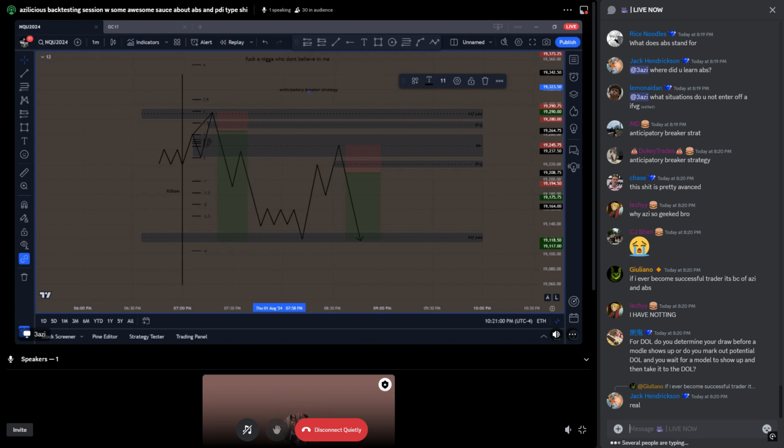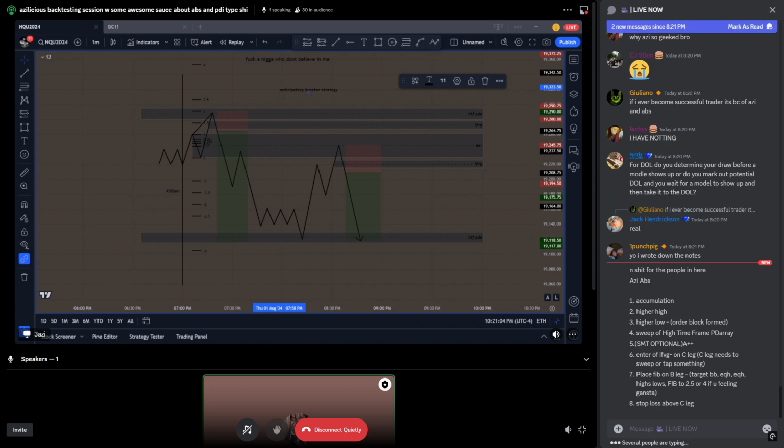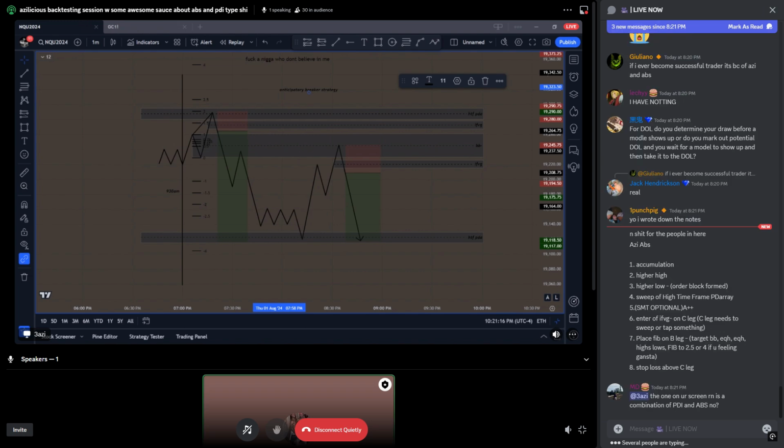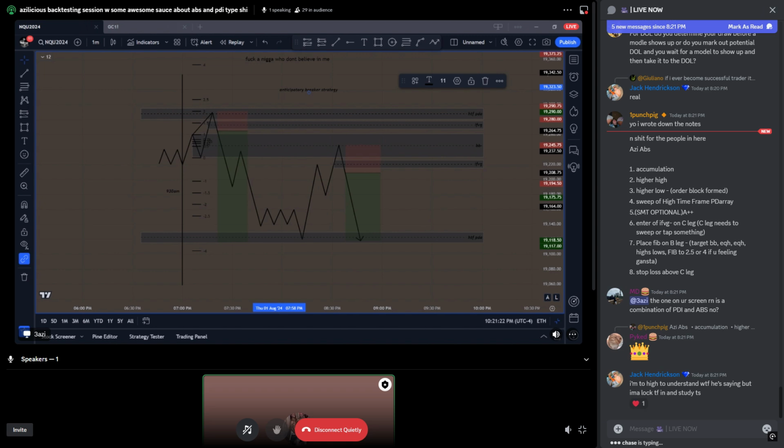For the drawn liquidity, do you determine drawn liquidity before the model shows up? No, I do that before I even look for an ABS. I mark out my drawn liquidities.